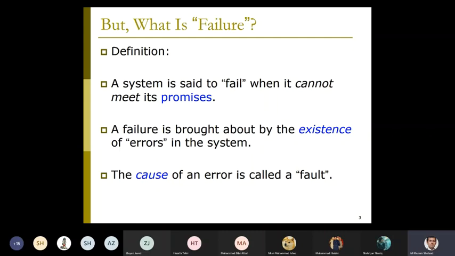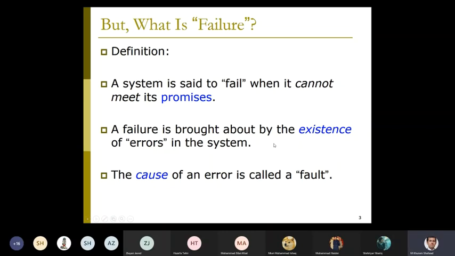If the uptime is 92%, then we will consider it a failure. So failure does not mean that 0% service is given. Even so, we have to see that the system meets the expectations, which are the promises.